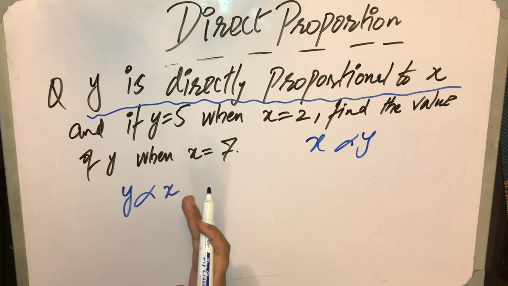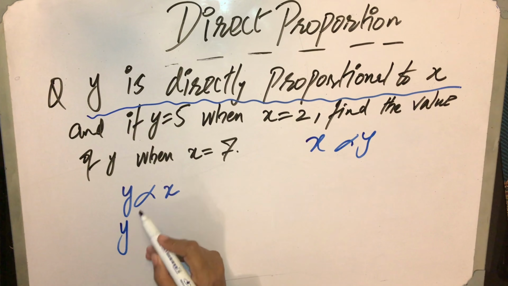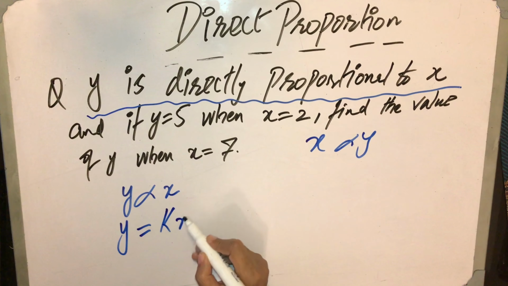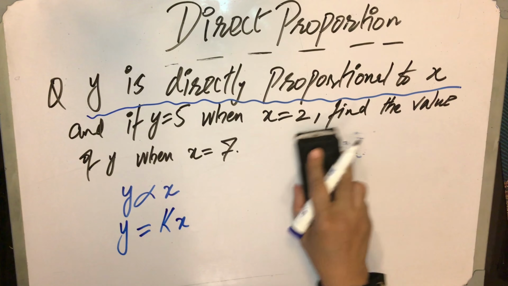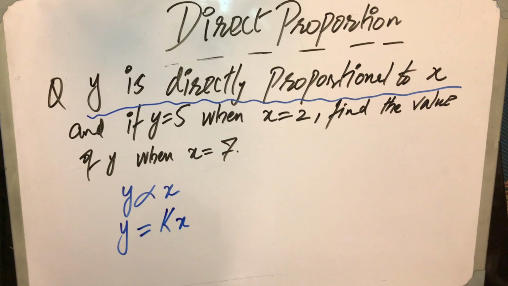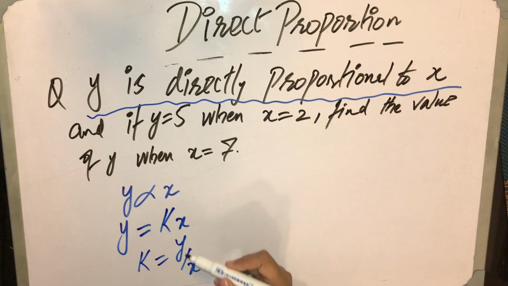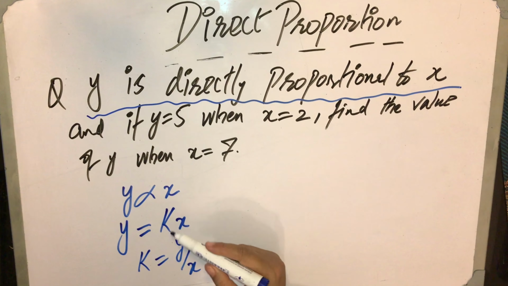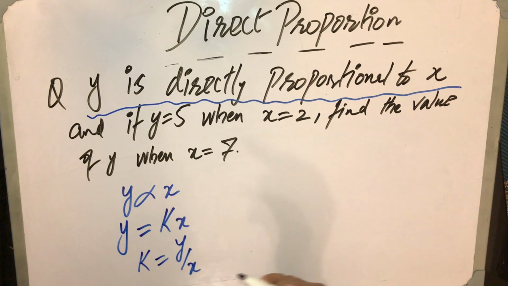You will remove this proportionality sign and you can write here y equals kx. You will use the constant of proportionality, and you can now even write that k equals the rate, or the fraction between y and x, the relation y over x. As x is having a multiplication relationship with k, on the other side we shall divide it, it will be in the denominator.